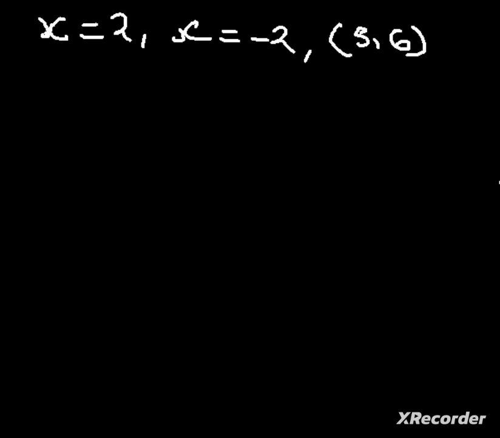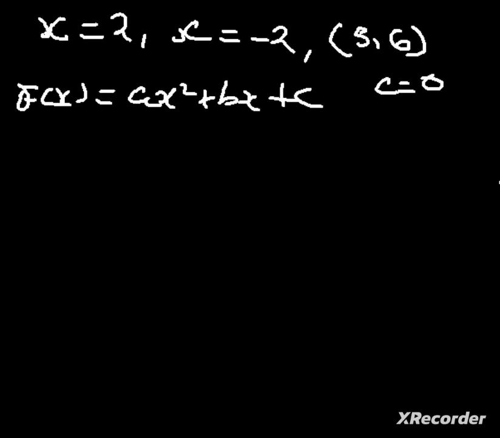So in this case, the y-intercept will be given as 6, which means c is given as 6, for this point. So now, what is the principle behind this? We know that the quadratic function is given as f of x is equal to ax squared plus bx plus c.